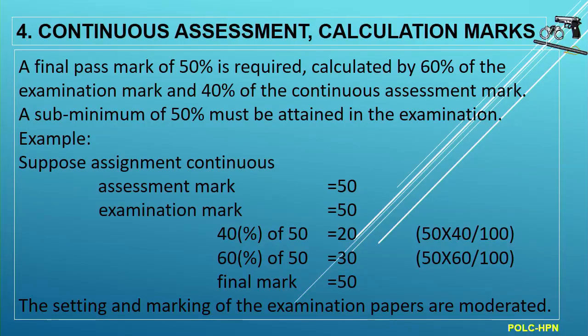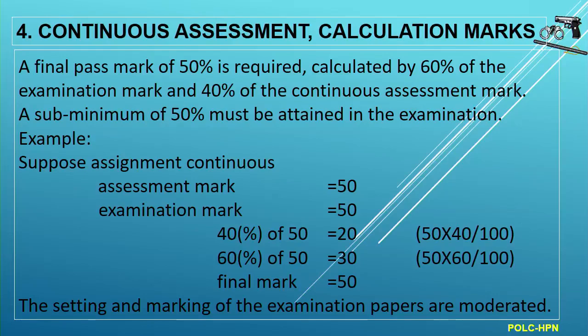The continuous assessment and calculation: a final pass mark of 50% is required, calculated by 60% of the examination mark and 40% of the continuous assessment mark. You are expected to have a sub-minimum of 50% attained in your examination.